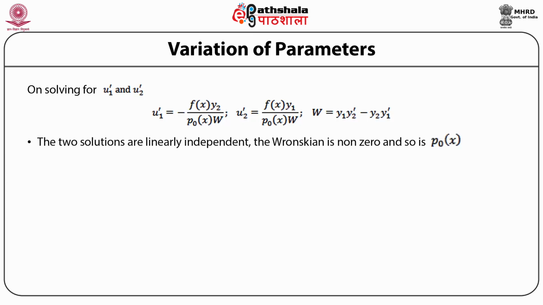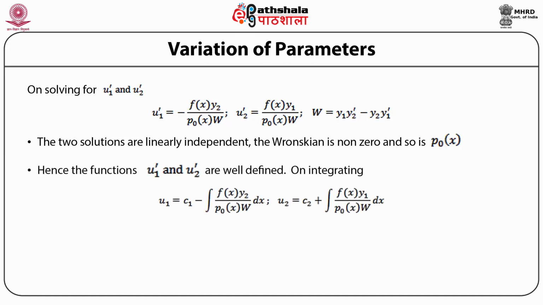Since the two solutions are linearly independent, the Wronskian is non-zero, and p0 x is also non-zero. Hence, the denominator in the above equations is non-zero as well.